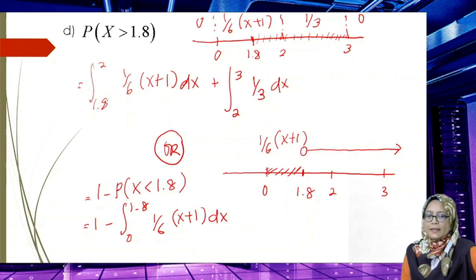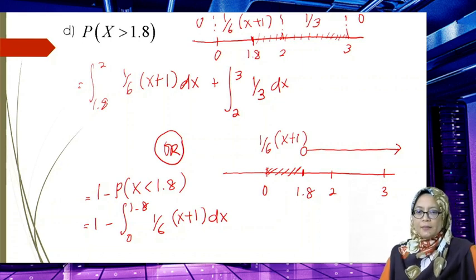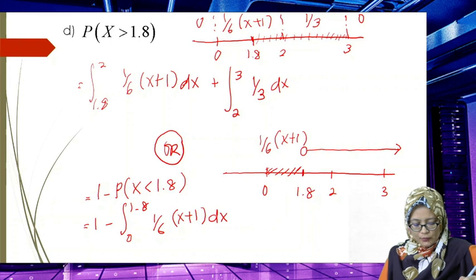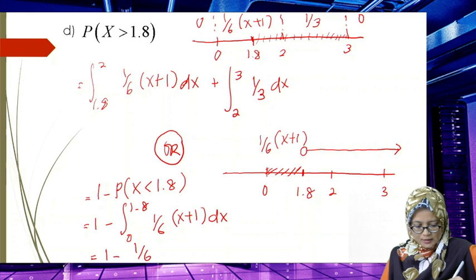So jawapan dia akan dapat sama lah kalau tak nak integrate banyak-banyak. So awak boleh guna cara ni. Ini 1 tolak 1/6 x tambah 1 kuasa 2 bahagi 2. Ganti nilai daripada 0 until 1.8.